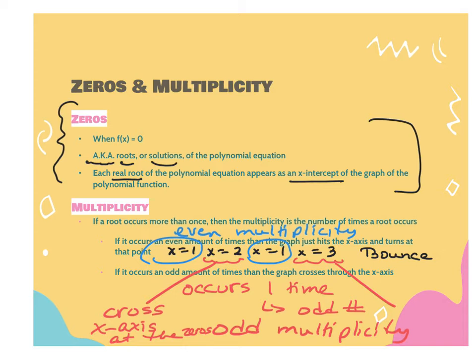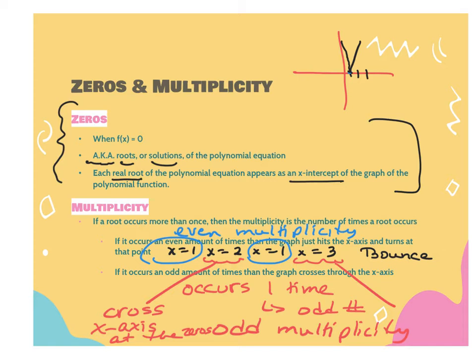Wait, so if the odds cross, then what are the evens? They bounce, right? Correct. So, for example, let me just show you here. My zeros here were at 1, 2, 3. I had one at 1, 2, and 3. For the ones at 1, let's say your graph was coming in this way. It's going to touch the intercept of 1, 0, and then it's going to bounce back up.